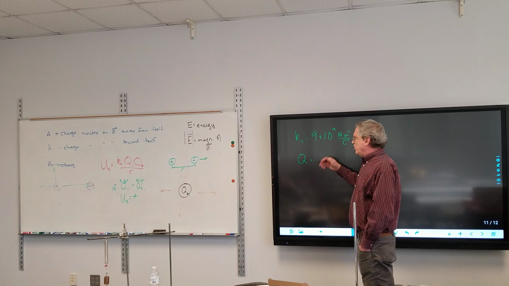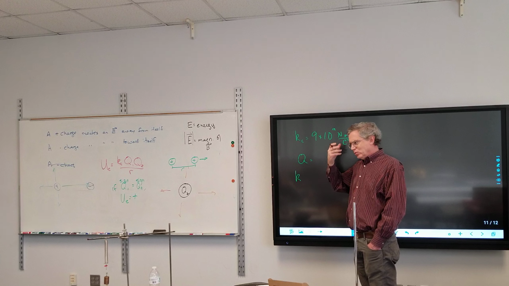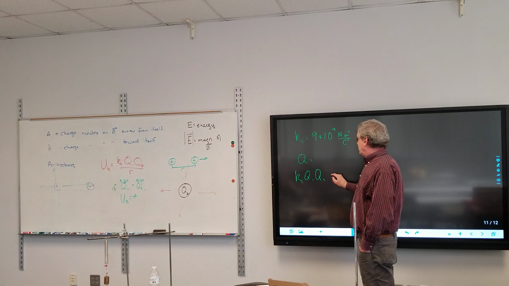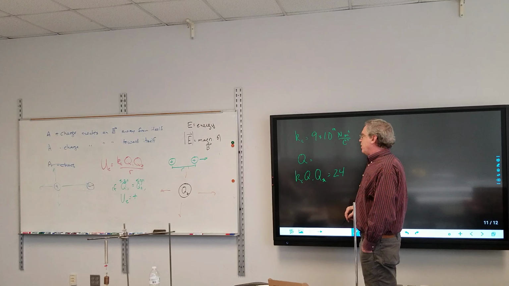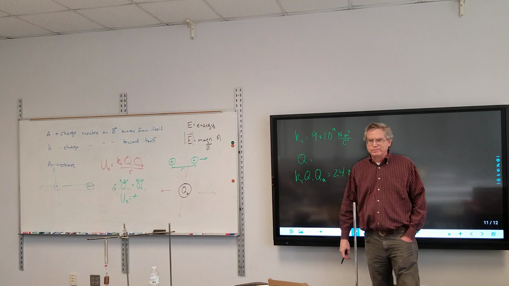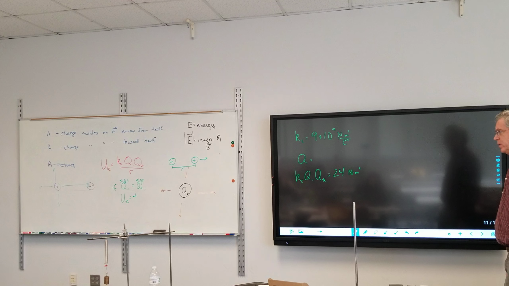You know what, let's just set Q1 times Q2 times the constant equal to 24, in newton meter squared. It'll save time, so I don't have to think about what Q1 and Q2 are.